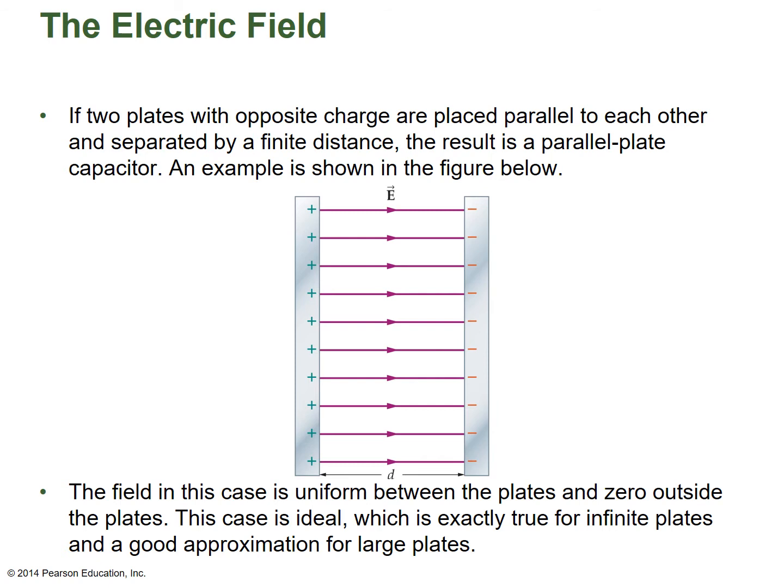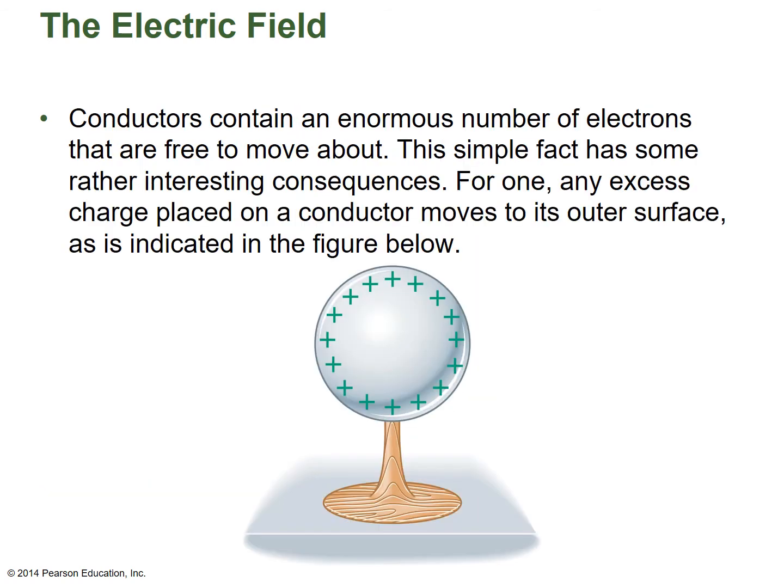If the dimensions of the plates here are much larger than the separation between the two plates, d, then we can assume that the field is approximately uniform between the two plates, pointing to the right from the positive plate towards the negative plate, and its magnitude can be calculated from sigma over epsilon naught, where sigma is the surface charge density and epsilon naught is the permittivity of free space.